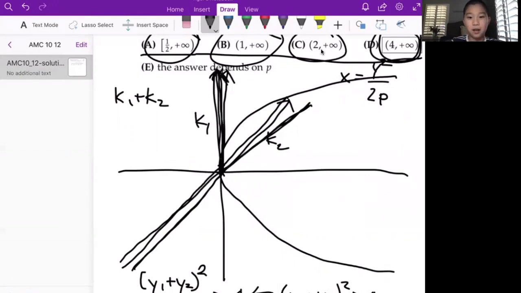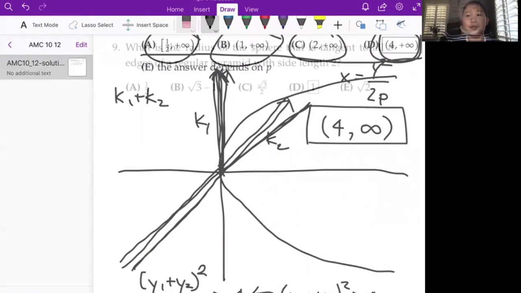So that means the upper bound has to be infinity. So that means the answer would be 4, infinity. Yeah, that would be the answer.